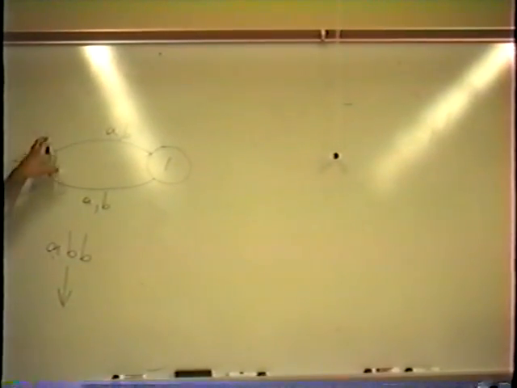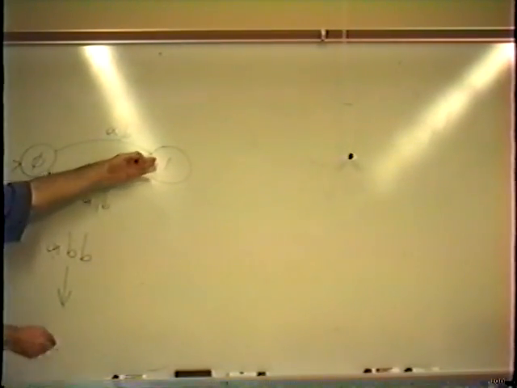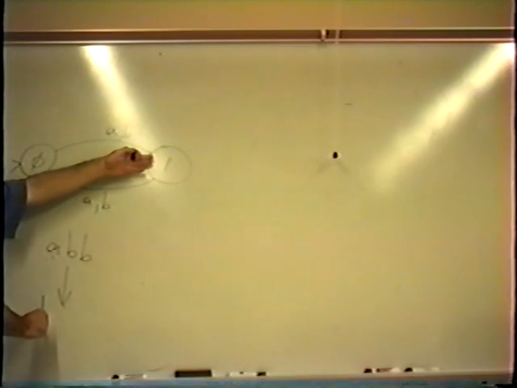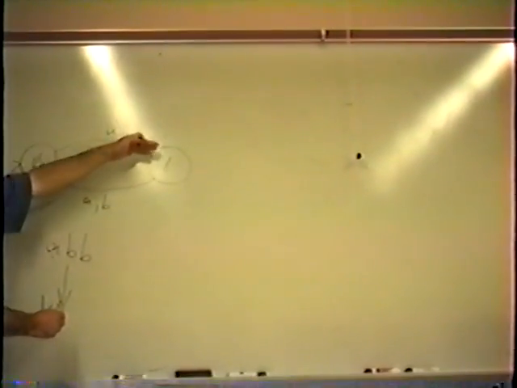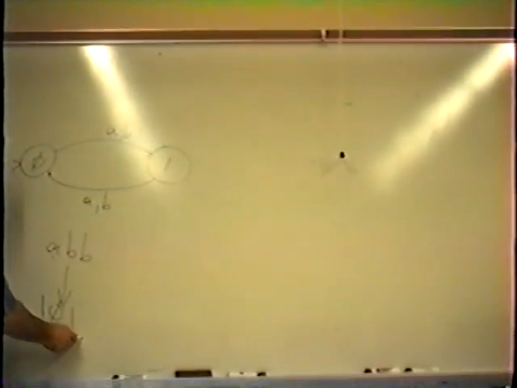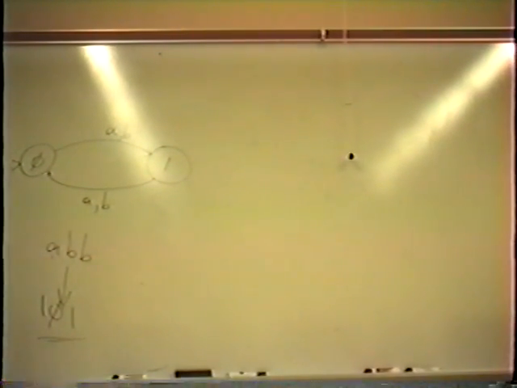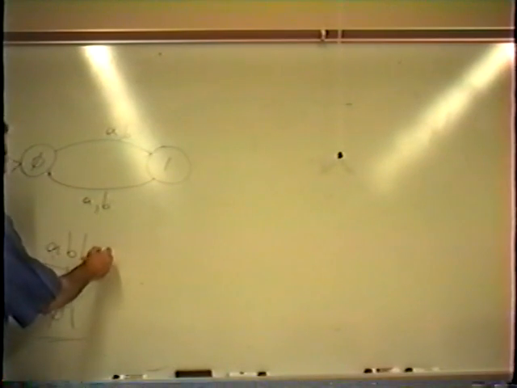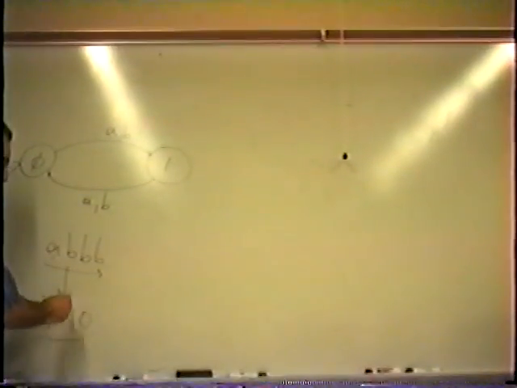This says if you're here, you see A or B. Doesn't matter what you see. You go there. So A, 1. B, 0. B, 1. Okay. So what will be, if I give you a string, what if I had another B or an A? 0. The output is 1, 0, 1, 0, 1, 0, like that.